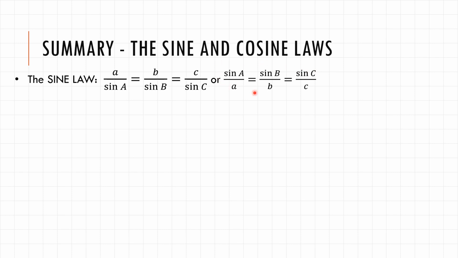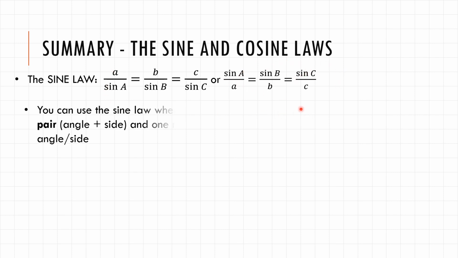And the reason why we might use this is because in this version, the angle is already in the numerator. So if we were trying to solve for a side length, we might use this one. If we're trying to solve for an angle, we might use this one. Basically, what is this saying? It's saying that you can use the sine law to find an angle measure or a side length. You can use it when you have a pair.